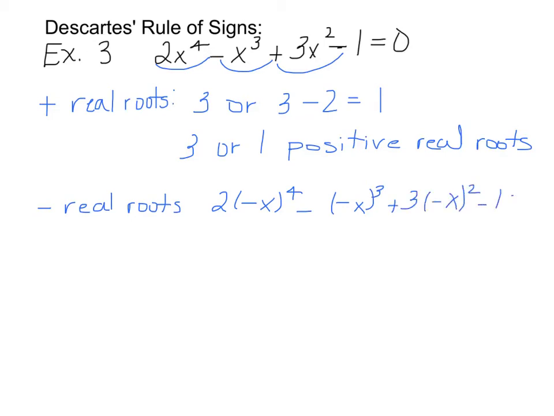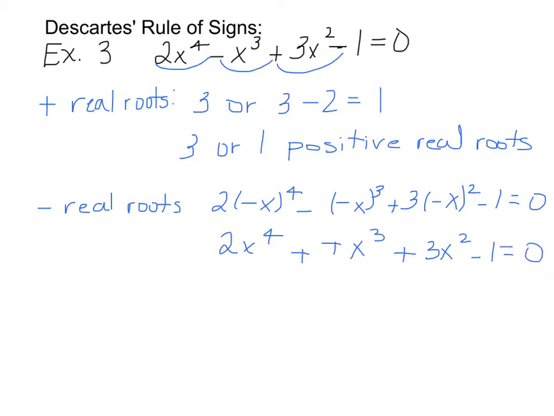So negative x to the 4th power is positive. Negative x to the third power is negative, but two negatives become positive. Negative x to the second power is still positive.